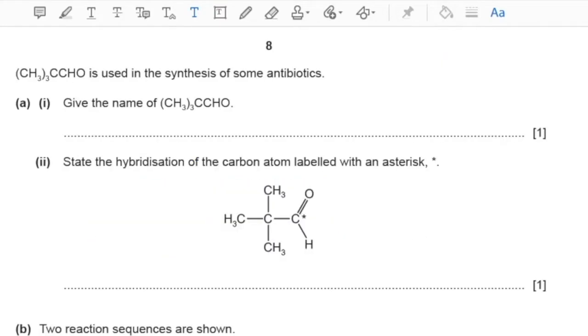CH3 tri-CCHO is used in the synthesis of some antibiotics. Part A1, give the name of CH3 tri-CCHO. So first of all, I'll draw the structure to make it easier for you to name it. So CC. This first carbon atom is attached to 3 methyl groups.